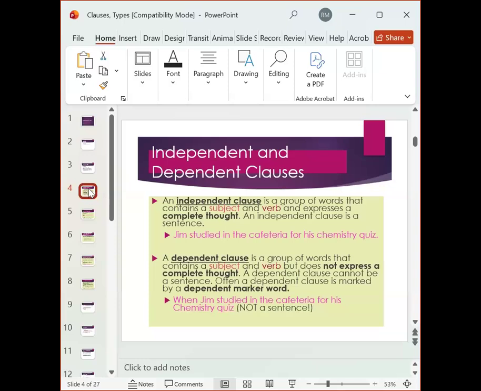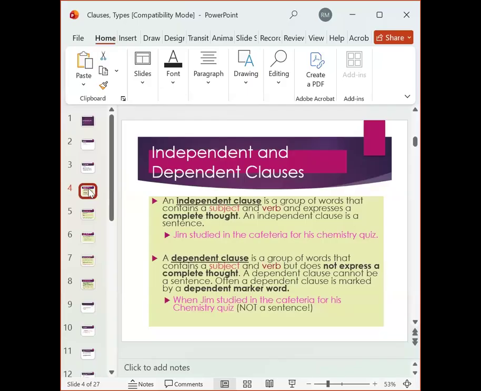A dependent clause is a group of words that contains a subject and a verb. Remember, the verb is a hallmark for all clauses, whether dependent or independent. So it contains a subject and a verb, but does not express a complete thought. When you have heard or read a dependent clause, you have some sort of questions to ask, or you think there's something wrong, like all the information has not been given.